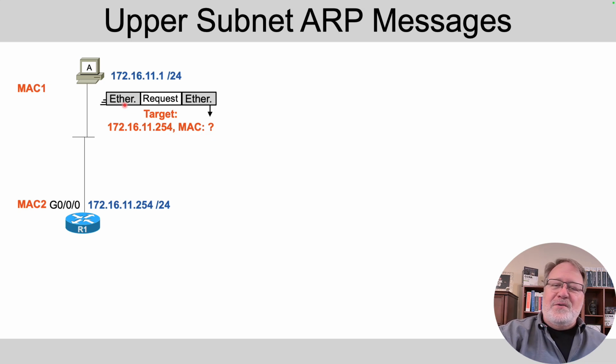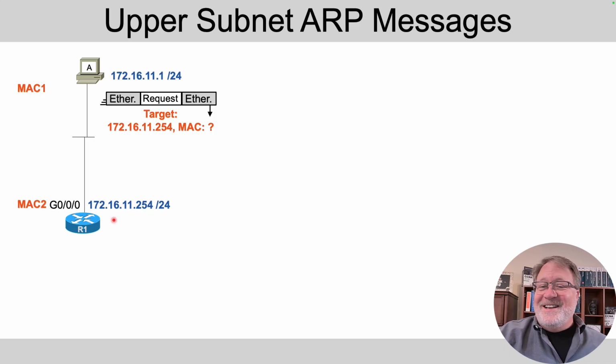And over here in the Ethernet header, it's got an all Fs MAC address, meaning this is a broadcast frame. So it gets flooded to everyone in the LAN, but it does not get forwarded by router R1 beyond router R1. So everybody in the LAN hears this, but only R1 is using that IP address that ends in 11.254.